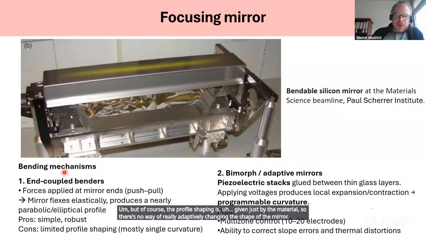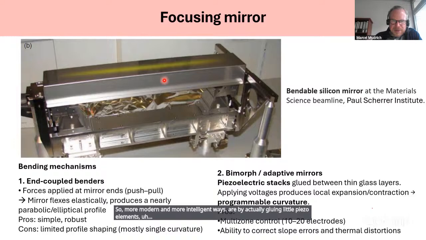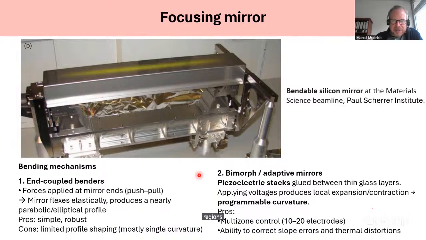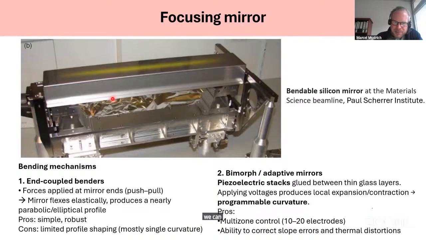So more modern and more intelligent ways are by actually gluing little piezo elements into the different regions, like as segments into the mirror material. And then by applying high voltages on the piezo stacks, we can actually adaptively control at least sections of the mirror.